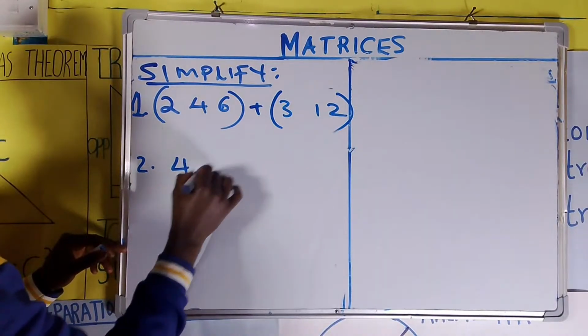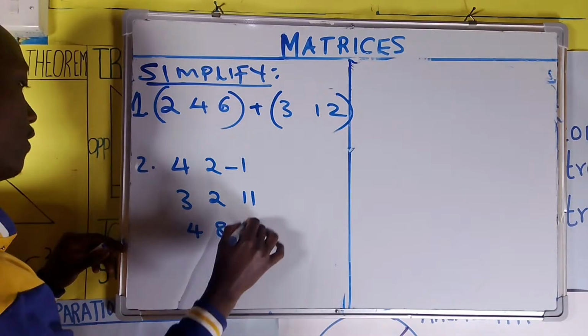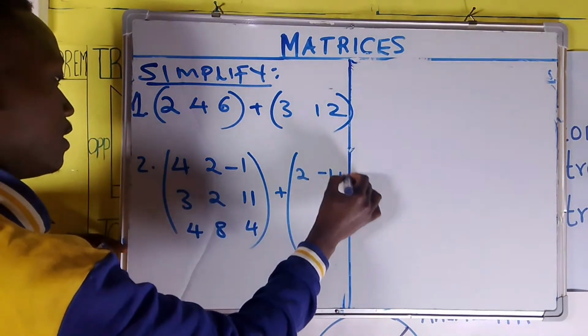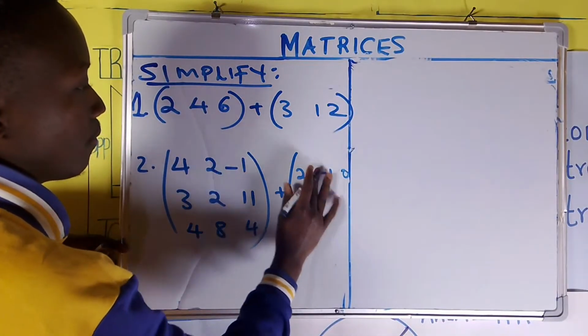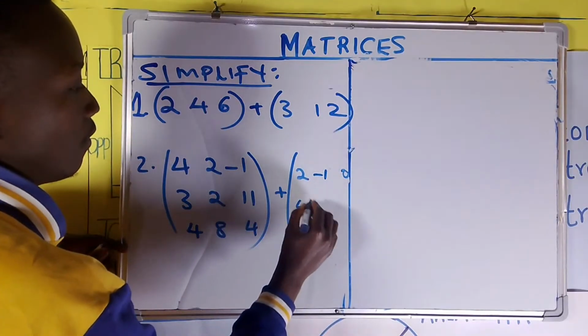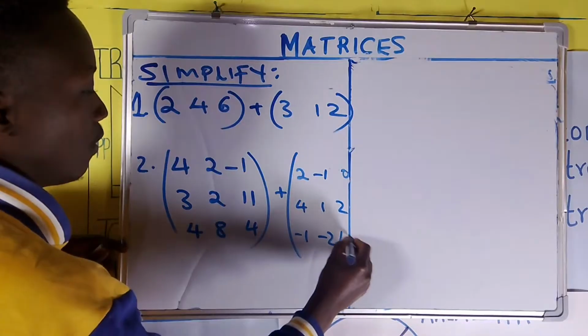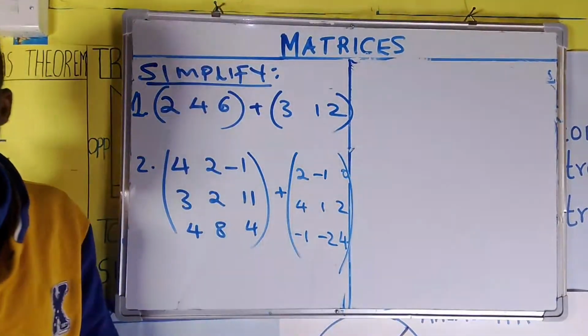Number 2, 42 negative 1, 3211, 484 plus 2 negative 1 0. Hii siseme ni 10, ni 2 negative 1 0, 412 and negative 1 negative 2 4. Andika hizo kama assignment yako.